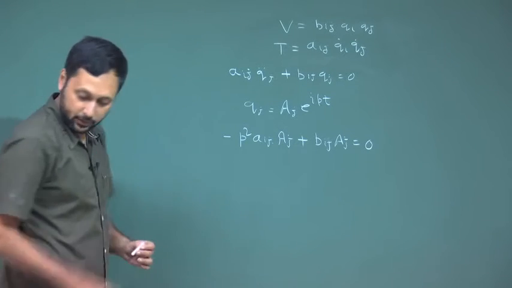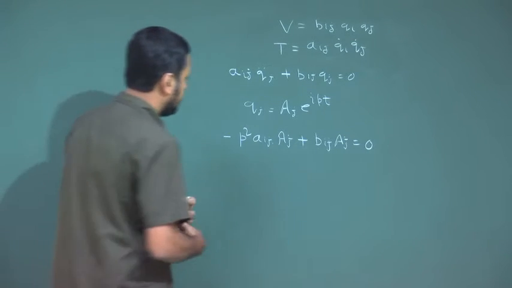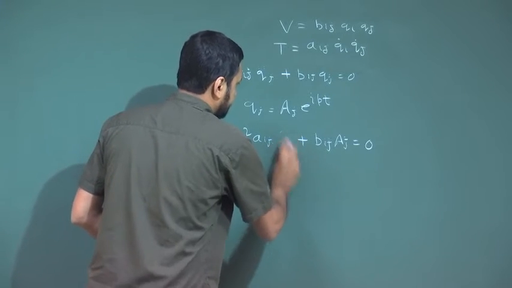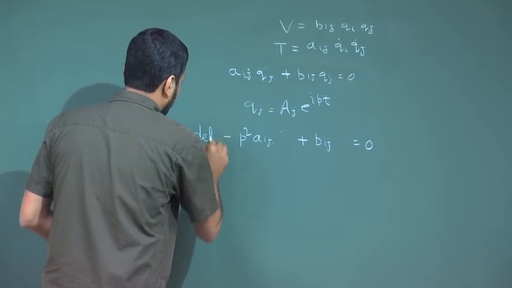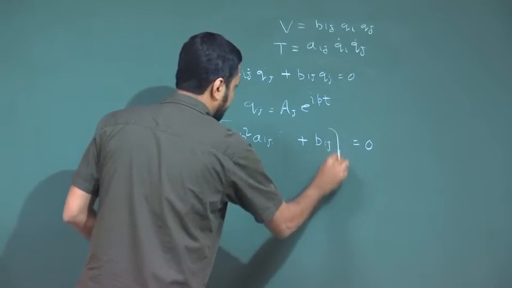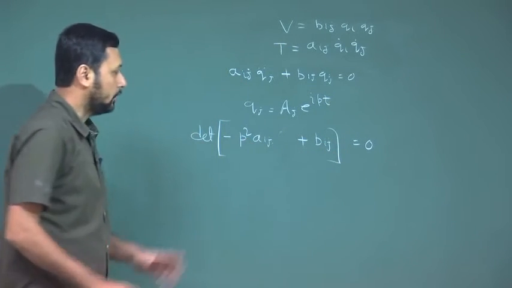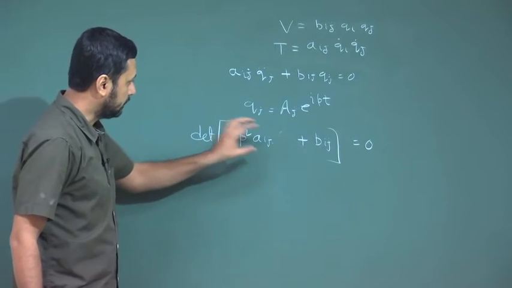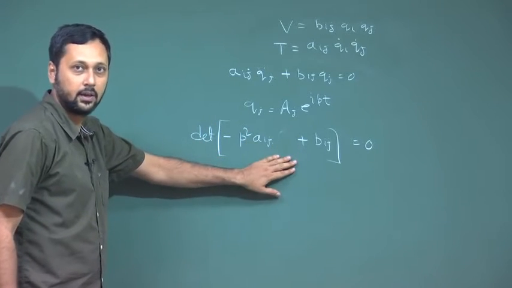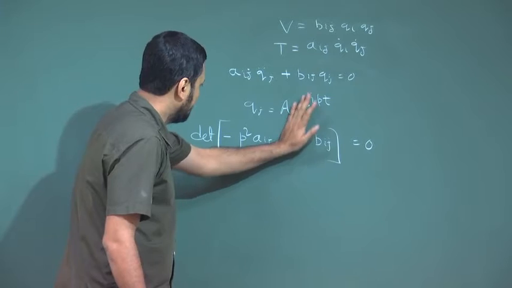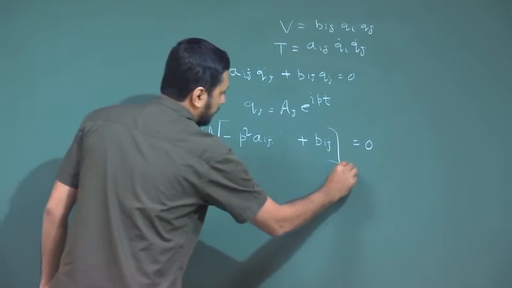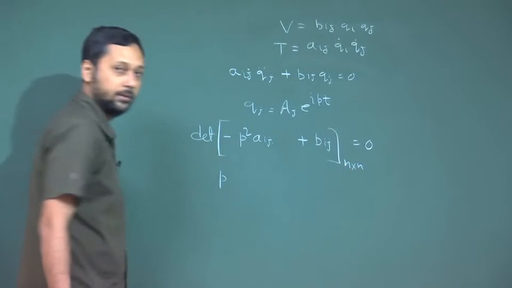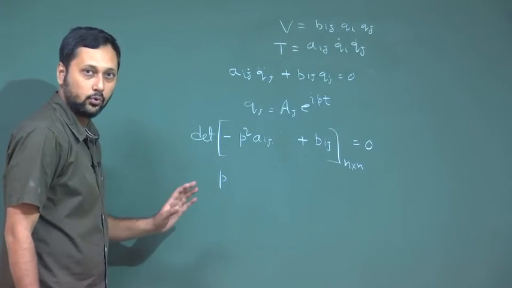If and only if the determinant of this coefficient term is equal to 0 will the solution of this equation exist. This will be an n cross n determinant, so it will have n roots in general.